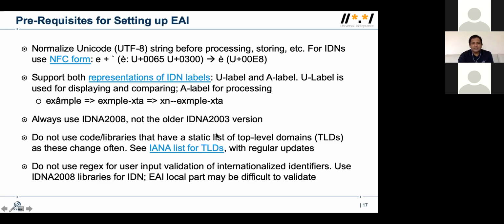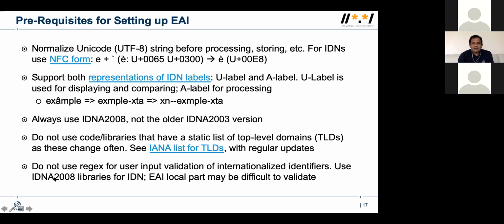And also, as we discussed earlier, we should always consider the valid list of top-level domains. Do not go and have a static list of top-level domains by any assumption. We should always see the IANA list of TLDs for the regular updates. So that is quite important.